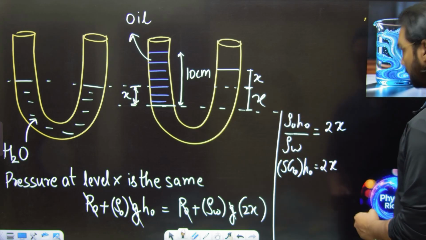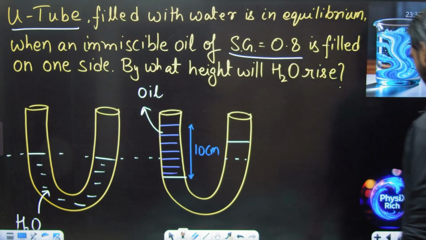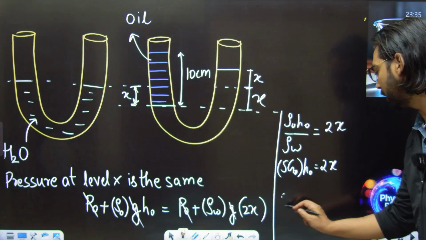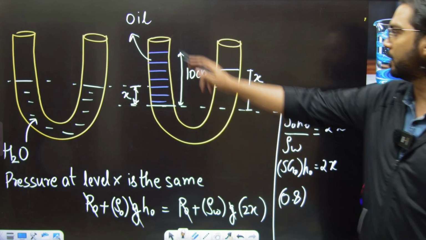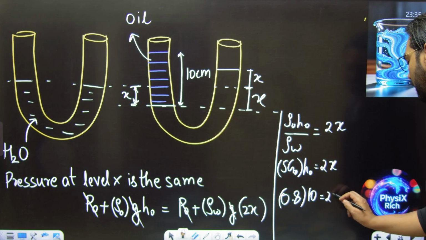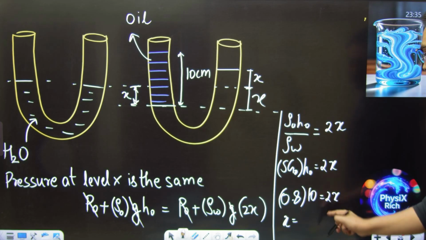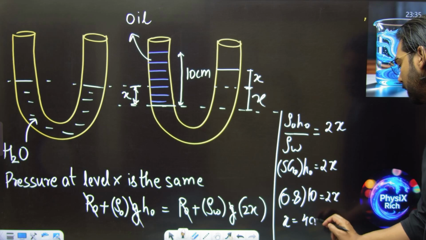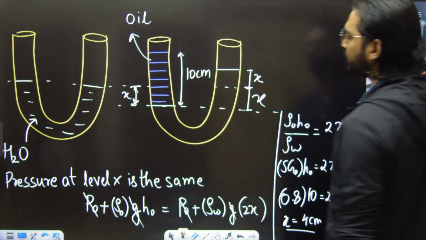And in the question, we have been given the specific gravity, which is 0.8. So we'll just put 0.8 over here. The height of the oil is given to you as 10 centimeters, so I'll put 10 over here. That should be equal to twice of x. From here, x will come out to be 8 upon 2, which is equal to 4 centimeters. And that's my answer. So the water will rise by a height of 4 centimeters.